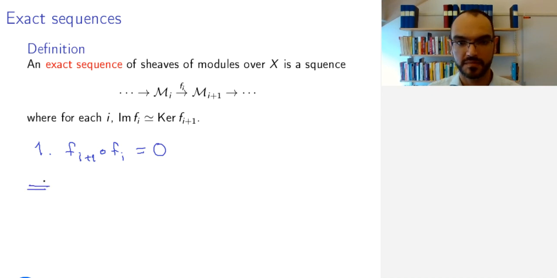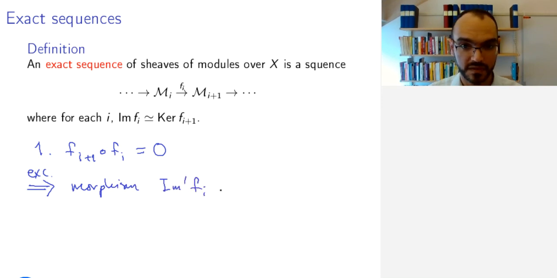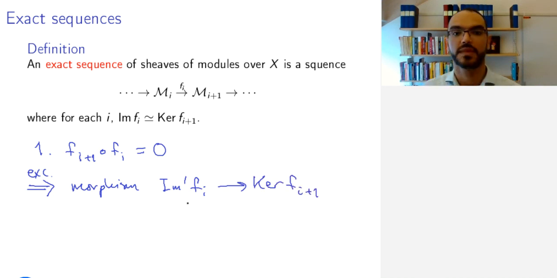Then this implies, as an exercise, that we get a morphism from the image pre-sheaf to the kernel sheaf by direct construction.